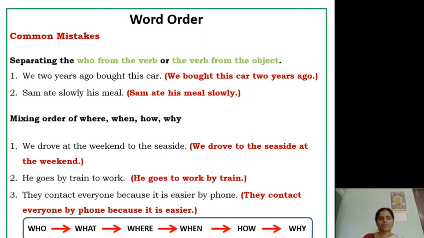So we have to follow this order. The subject has to take the first position. Immediately after the subject, the verb has to follow. And if we have any object in a sentence, then the object has to follow the verb. And after that, we have to place all these elements according to the parts of the sentence.